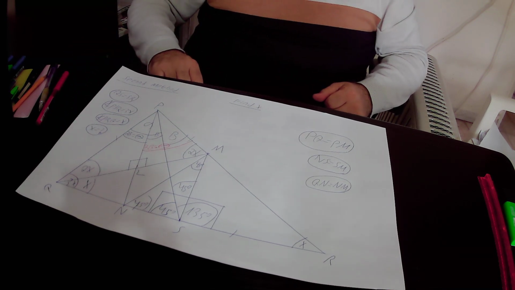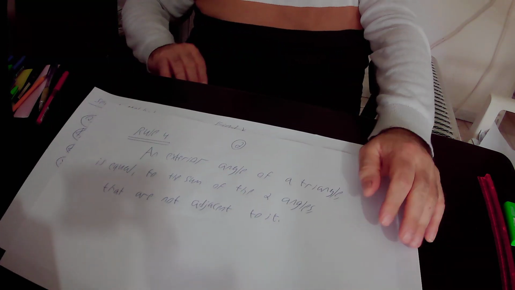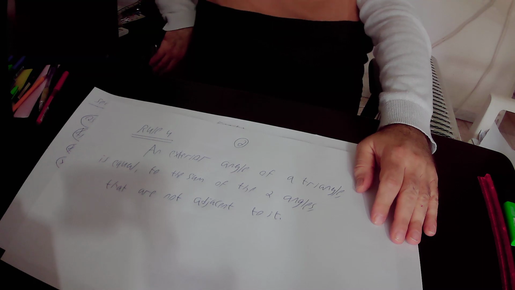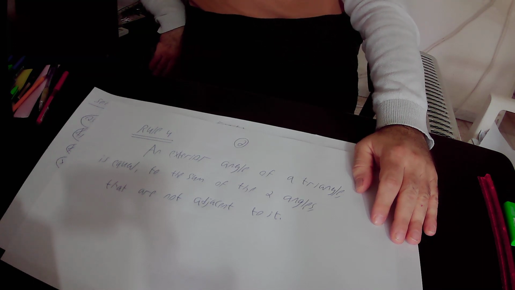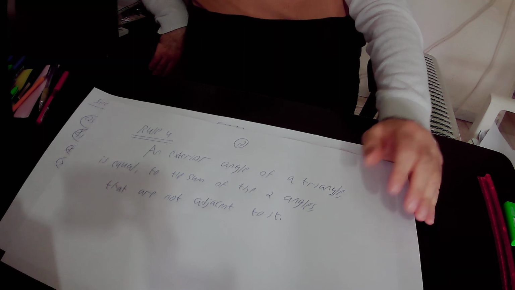Then I presented to you rule number 4. According to rule number 4, an exterior angle of a triangle is equal to the sum of the two angles that are not adjacent to it. So what is the meaning of rule number 4?